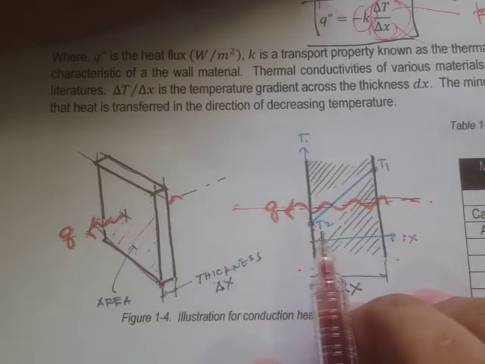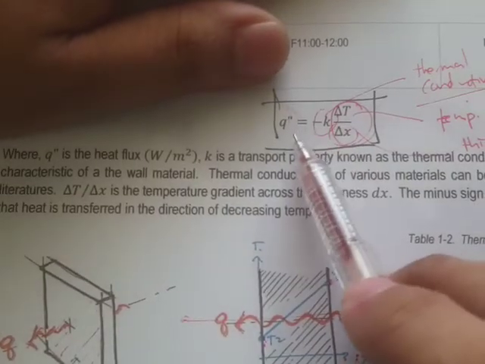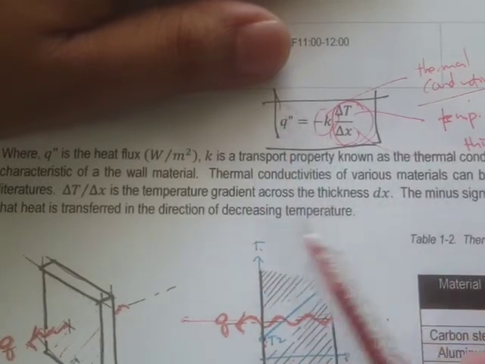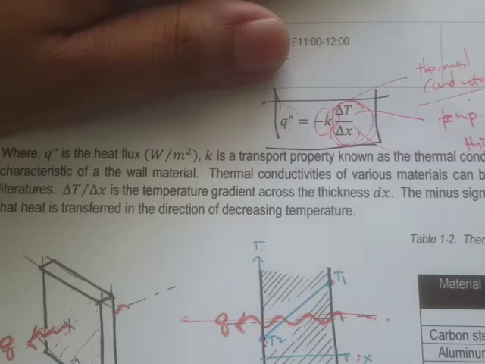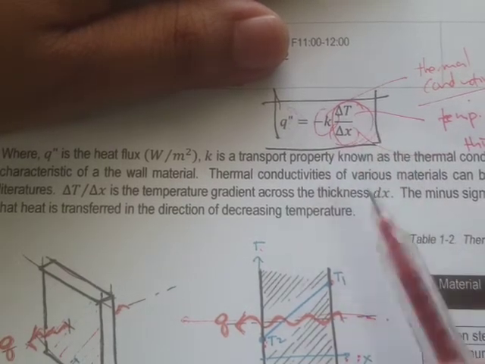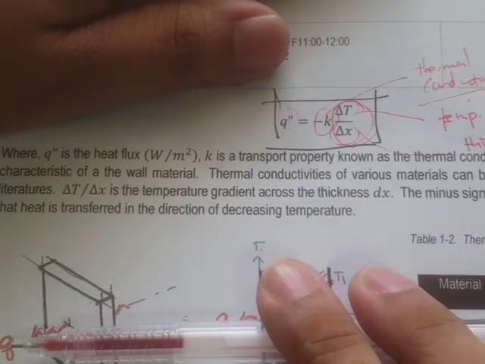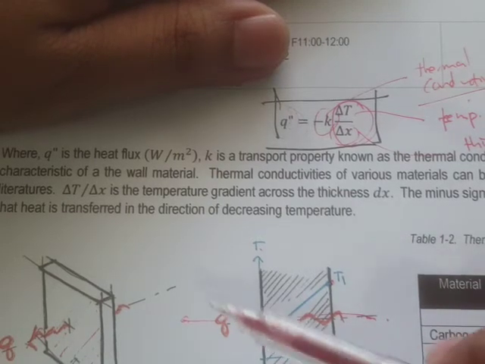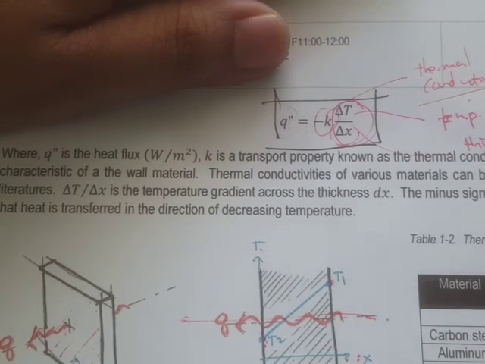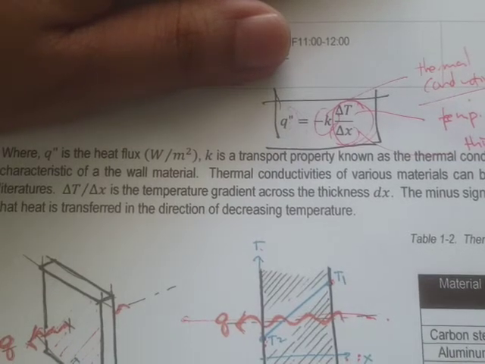Again, the heat conduction equation says that, if you recall, conduction is the transfer of heat through a medium, usually a solid, and the heat flux is directly proportional to the temperature gradient. Here's our temperature gradient, the slope of this curve.